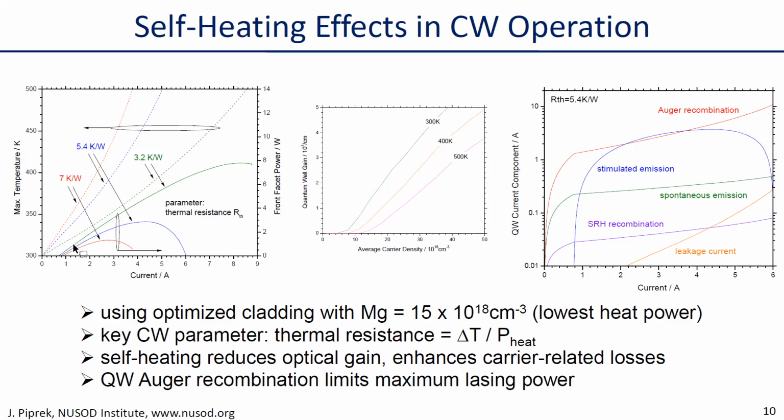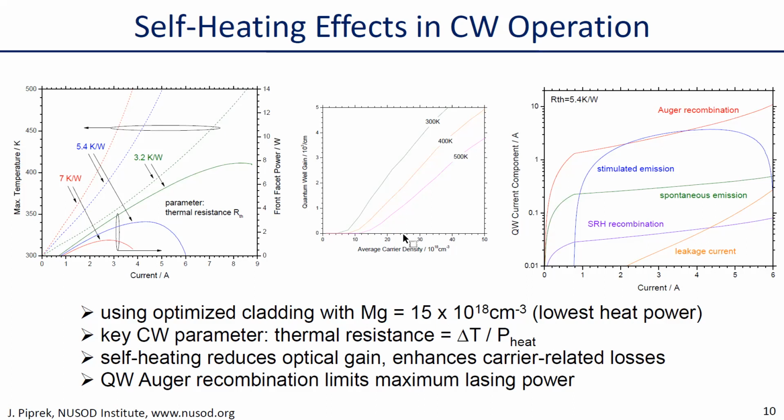And when we use this in the simulation, then the power is limited to about 1 watt output power, and then the internal heating is so strong that the gain reduction is relatively strong when you go to a higher temperature, which means that to maintain the threshold gain for lasing, we need higher and higher carrier density.